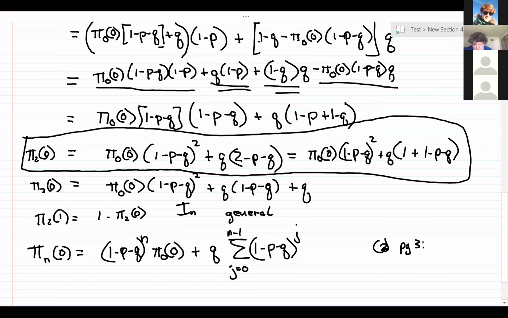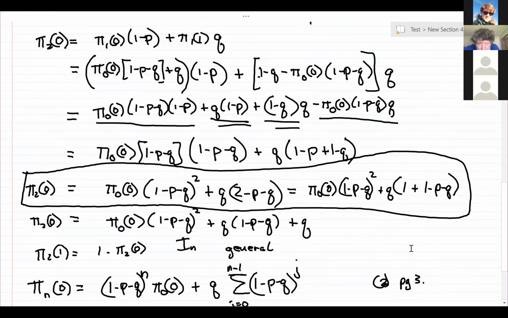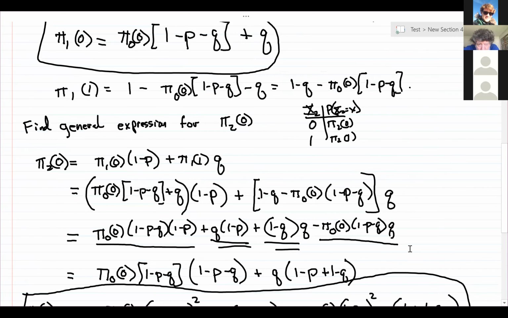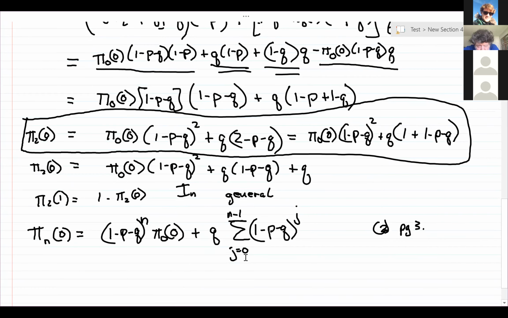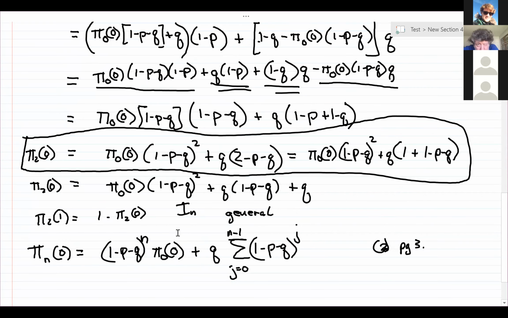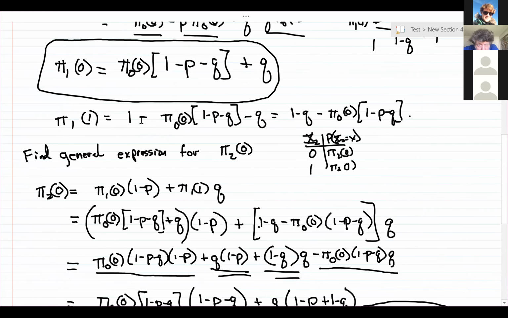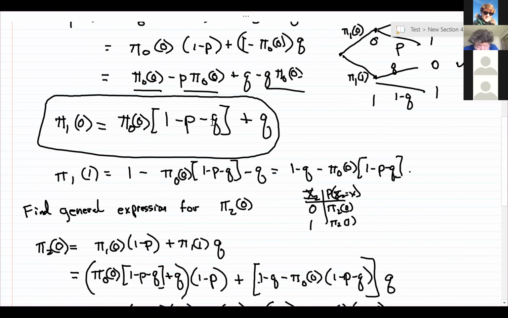Okay, now that's a jump, but let's at least see that it sort of agrees with what we have. So when n is 1, it would just give us (1 minus p minus q) to the first times pi 0,0, which is pi 0,0 times (1 minus p minus q) to the first.